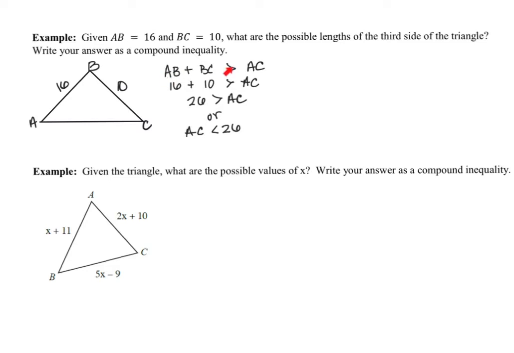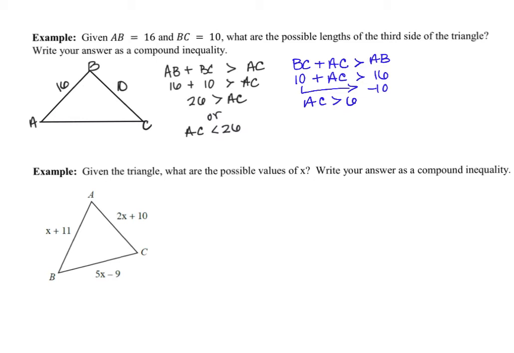We're going to do the same thing, but switch these numbers around to see what we get. So now we'll say BC plus AC has to be greater than AB. So BC is 10. I don't know what AC is, and that has to be greater than AB, which is 16. So if I subtract 10, I get AC is greater than 6.